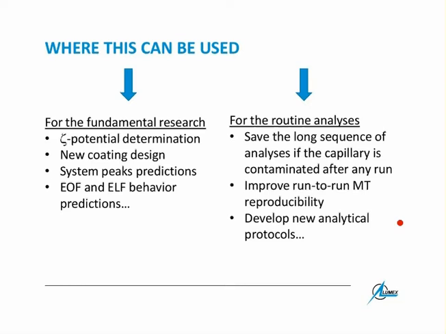And when you come back, you see that only one sample is not analyzed in a proper way, sample number 5, but all other samples are saved. Well, you see that the situation is incomparable with the case when you have the sequence of analysis and you don't have the streaming potential control.